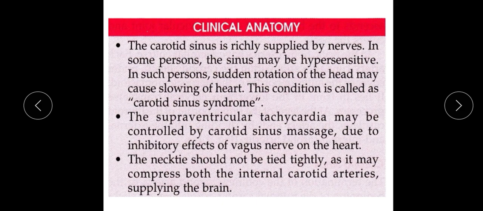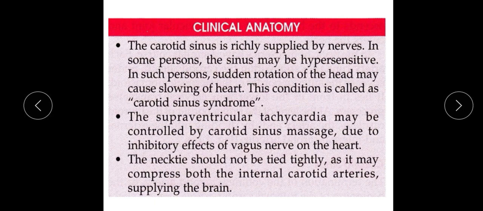Then the carotid sinus is richly supplied by nerves. In some persons, the sinus may be hypersensitive. In such persons, sudden rotation of the head may cause slowing of the heart. This condition is known as carotid sinus syndrome.